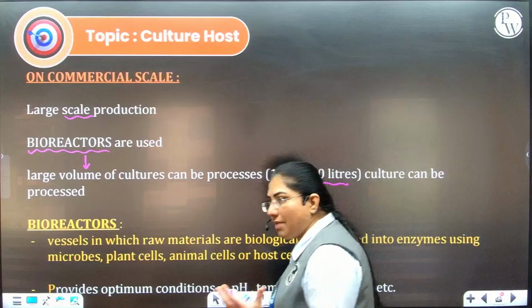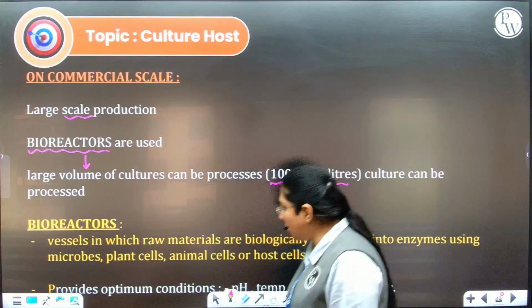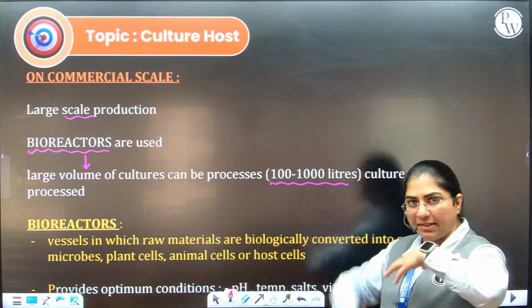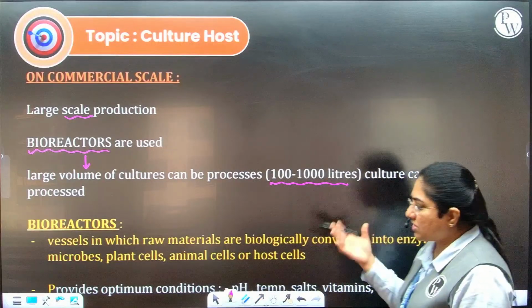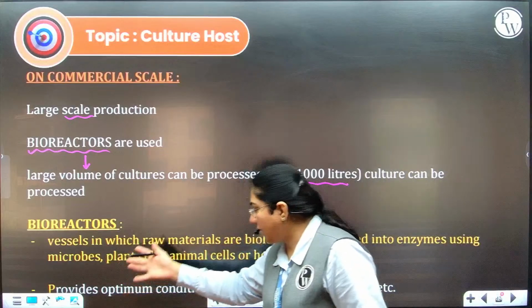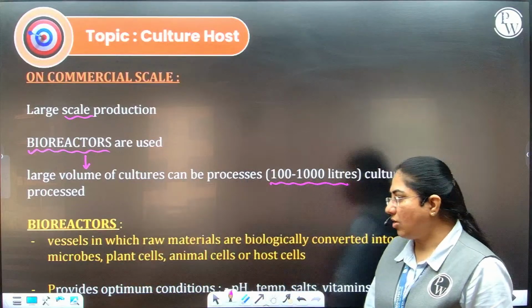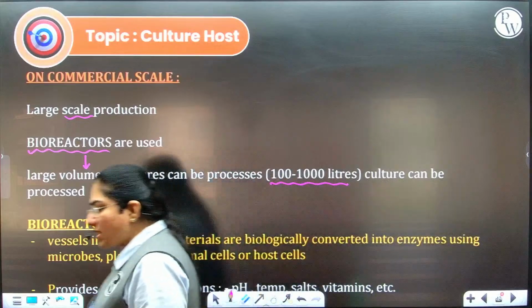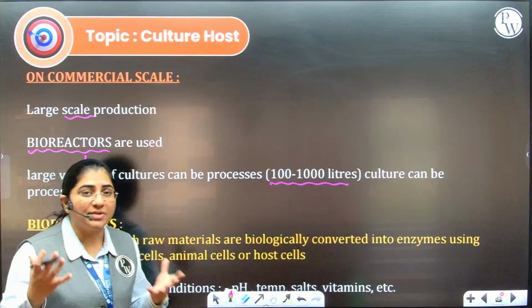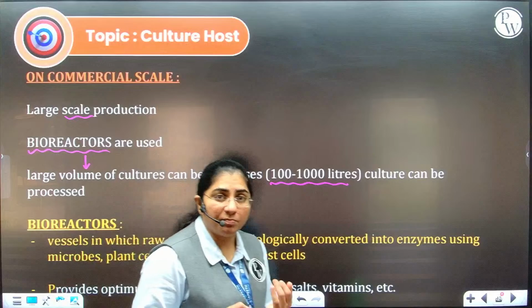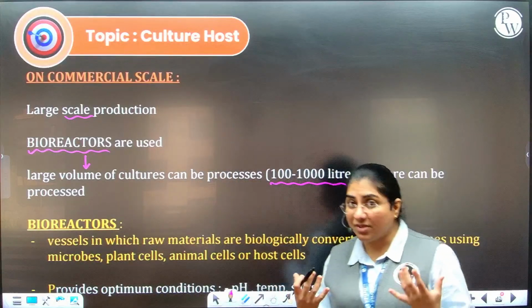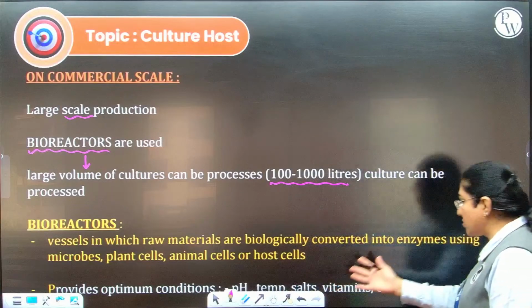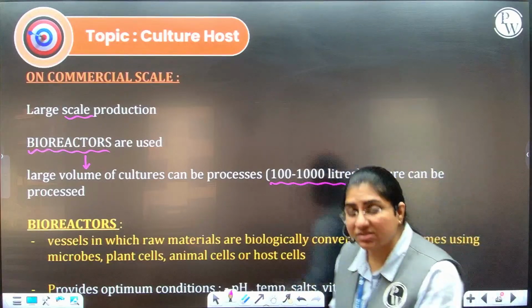So basically bioreactors are those vessels in which raw materials are added and biologically converted into enzymes or products using various living organisms such as microbes, plant cells, animal cells or host cells. And to do that, we will have to provide optimum conditions, such as optimum pH, optimum temperature, a sterile ambience, and, as you can remember, the salts, vitamins and nutrients that are required.